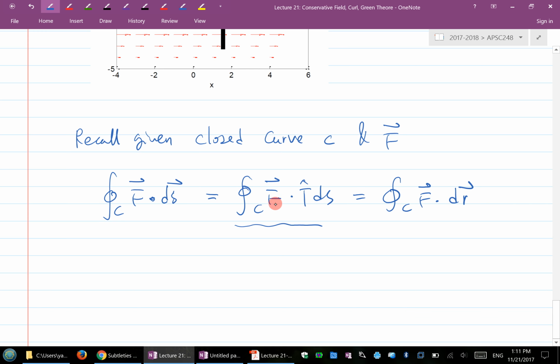So this is the projection of F in the direction of curve C, and then you integrate this across the whole curve C. You're adding up all the projections of F into this T hat direction, and you get the total circulation. So if you recall, this is called the circulation around curve C.